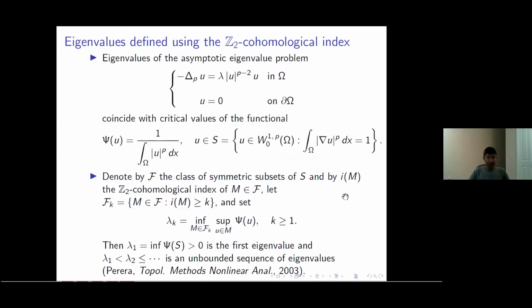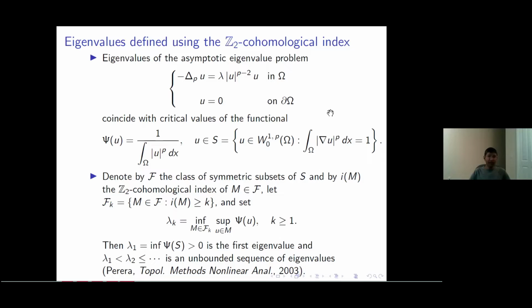To state our results, let me first recall some things about the eigenvalue problem for the p-Laplacian. This is the eigenvalue problem for the p-Laplacian. The eigenvalues coincide with the critical values of this functional psi defined on the unit sphere in W^{1,p}_0 of omega.